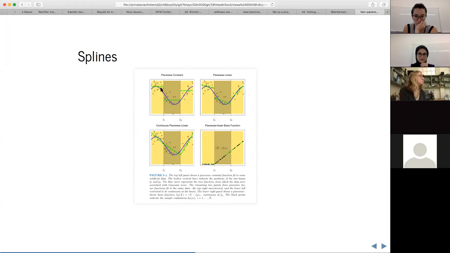In the context of constant local regression, or the NW estimator, what happens is that you fit a constant line between the support of the data and the first knot, then again you fit another constant line between the knots, and so on and so forth.